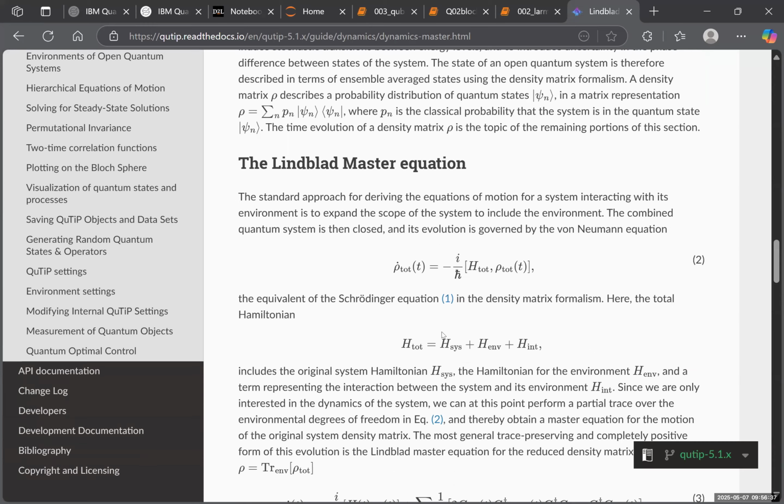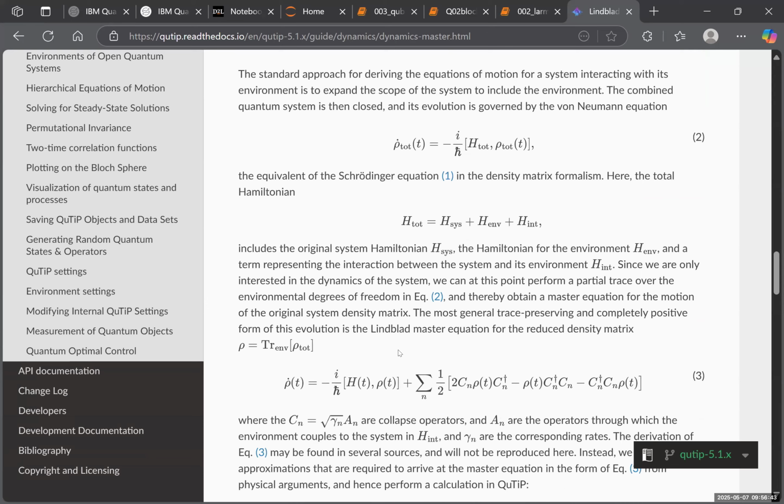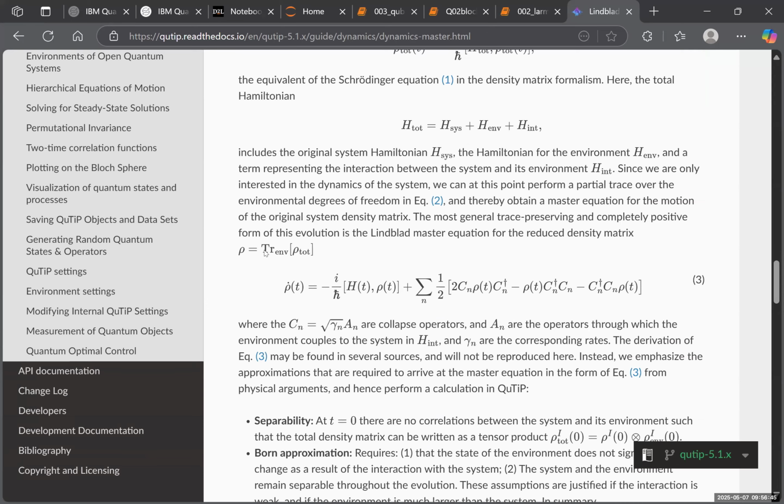This is still unitary. It's describing everything, but if you trace out the environment, you're left with a part which describes the unitary evolution by the system itself and this set of jump operators, C.